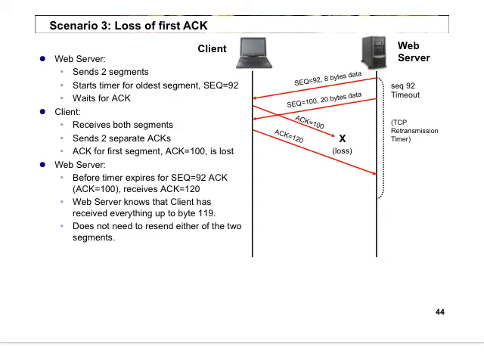So the scenario here is that the server sends one segment starting from sequence number 92, with 8 bytes, so the next one will be 100. Unlike the previous scenario where the timeout was premature and much smaller than what it should be, here the timeout is large enough.